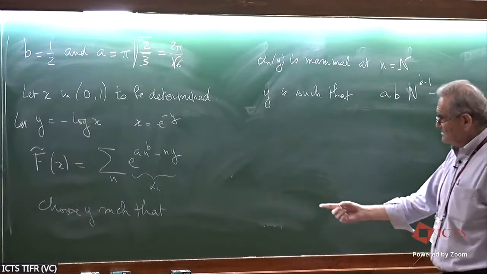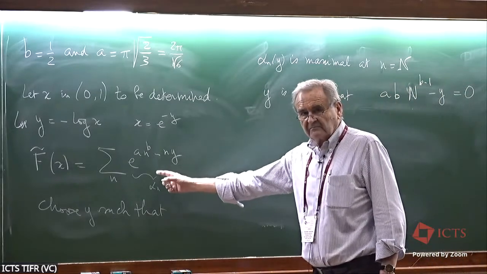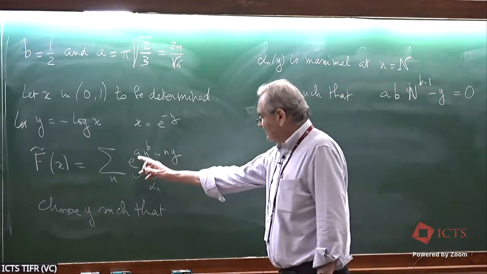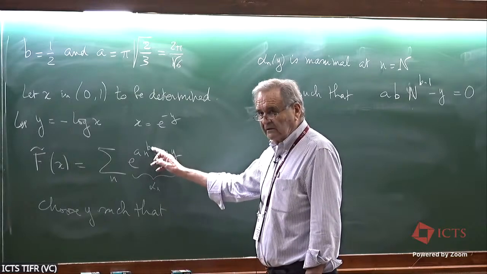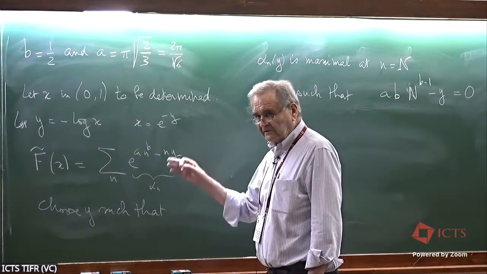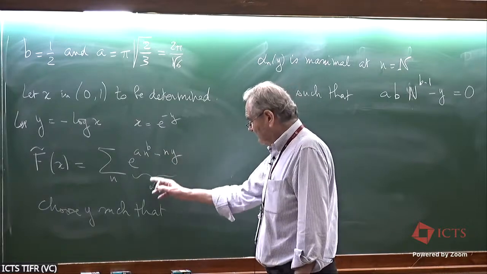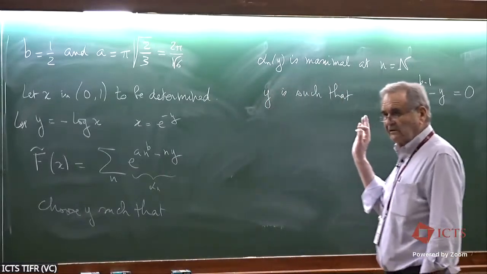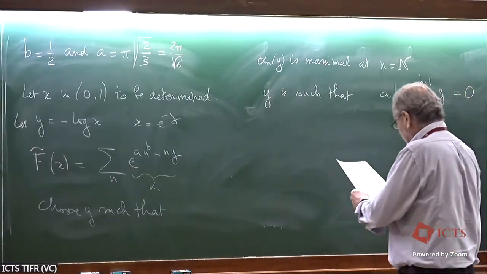You just differentiate this in n, and you say that you want the derivative to be 0 at little n is equal to capital N. The derivative in n is just a, b, n to the b minus 1 minus y. And you say I want this quantity to be maximal when little n is equal to capital N. And so you choose the derivative to be 0.